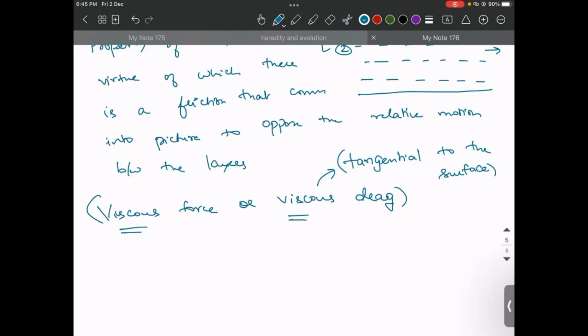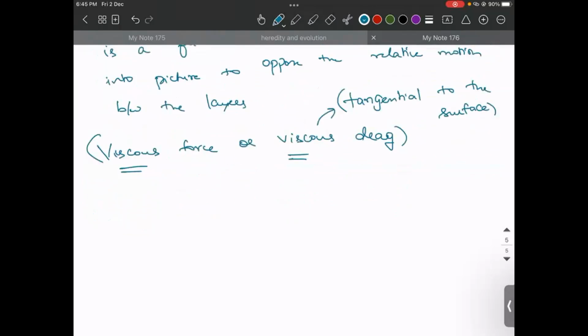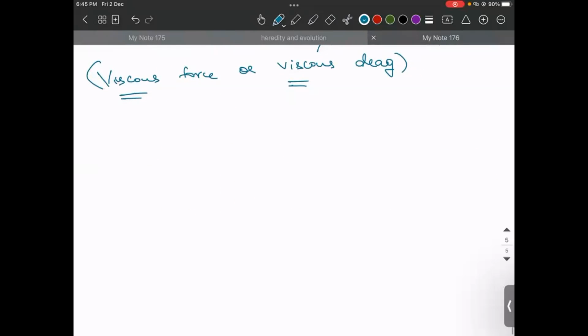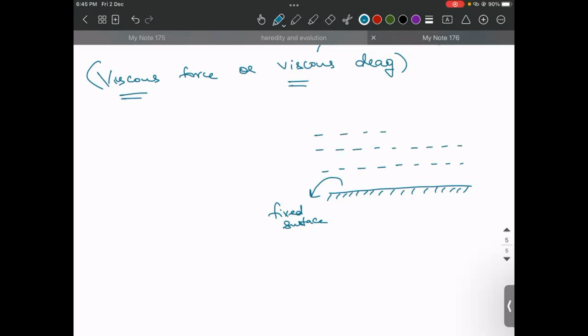Right. Now, here is where I'm going to explain an important concept. Listen to this carefully. Suppose I have a fixed surface. On the fixed surface, let's say there is a fluid that is taken into consideration.